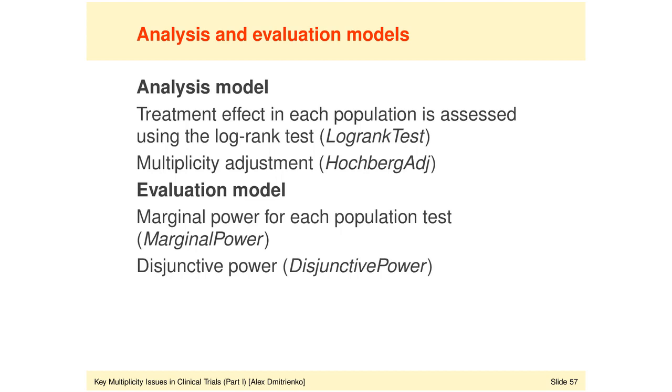The multiplicity adjustment will be performed based on the Hochberg procedure. The evaluation model will have exactly the same structure as before. We're going to compute marginal power for each population test, as well as disjunctive power, which will be defined as the probability of detecting a significant treatment effect in at least one patient population.